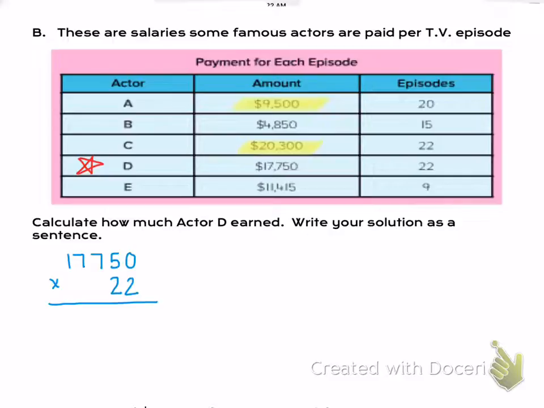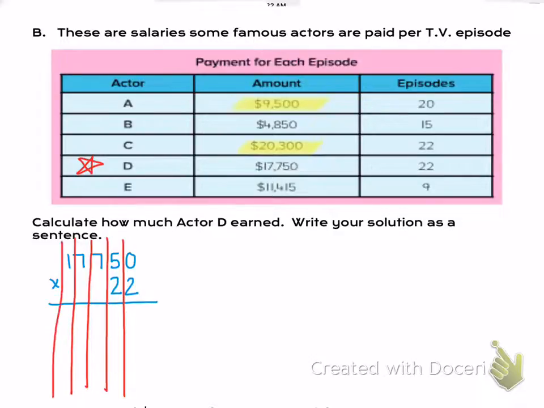Okay, welcome back. We're solving 17,750 times 22. Because I have more than 1 digit in the bottom number, I am going to put my place value holders in. We're going to start with 2. 2 times 0 is 0. 2 times 5 is 10.